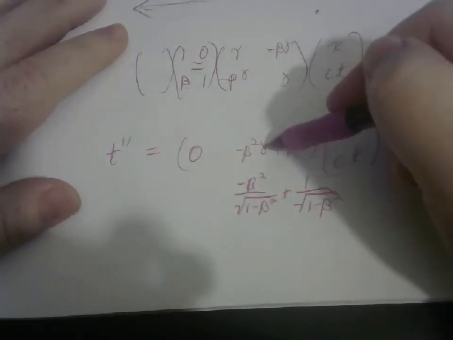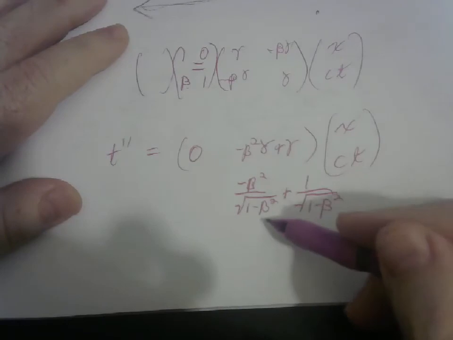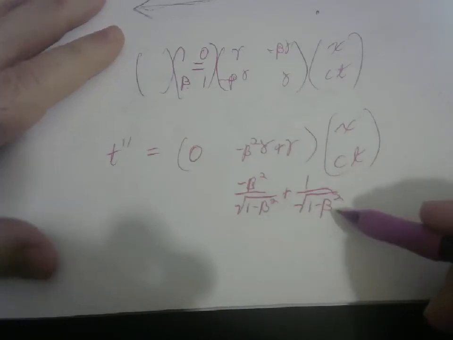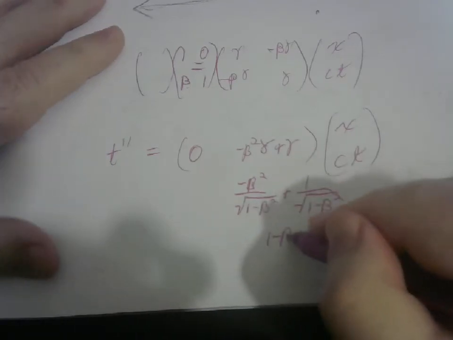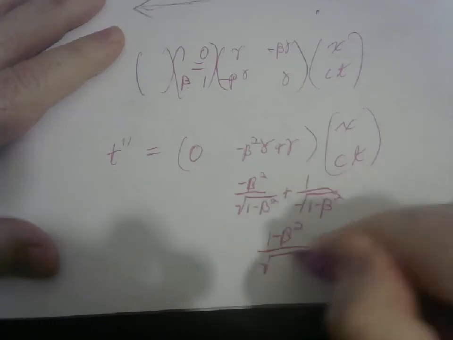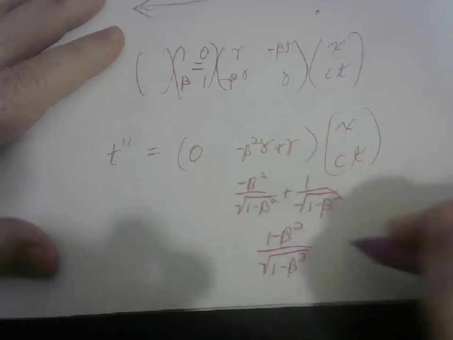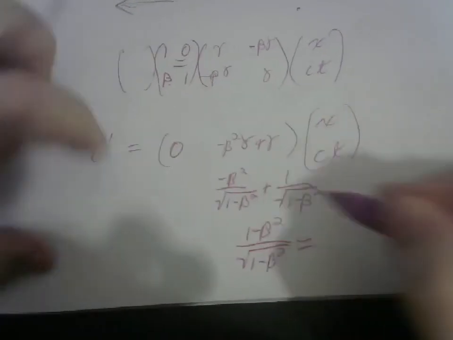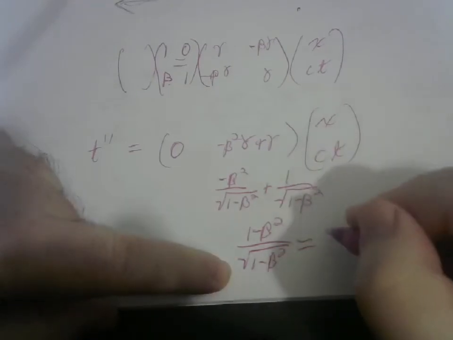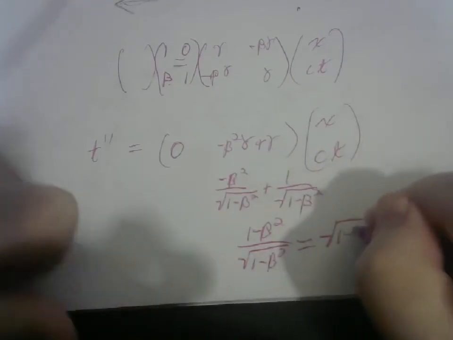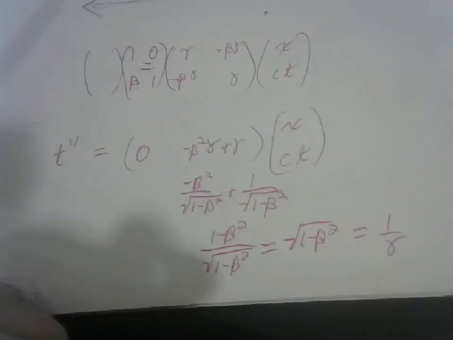So beta squared gamma plus gamma is, well, replace gamma with 1 over square root of 1 minus beta squared, and you can see that this is 1 minus beta squared over square root of 1 minus beta squared, which is just square root of 1 minus beta squared, which is 1 over gamma.